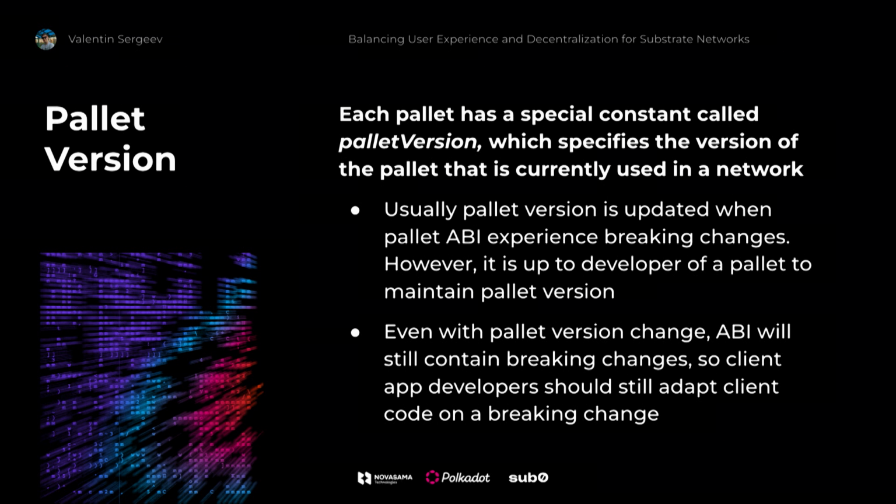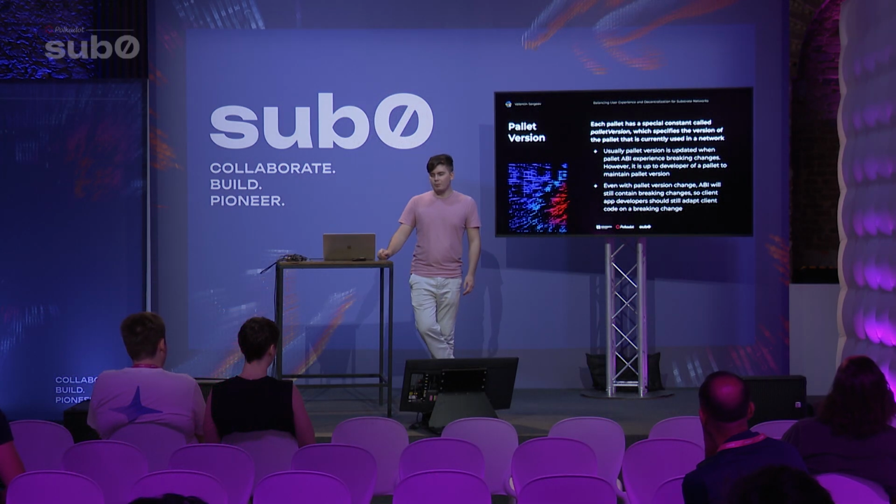And if you implement a breaking change in one of your pallets, it won't magically let older versions of your clients remain compatible. That's why you should think about forward compatibility when developing your applications. For example, if your client application relies on some storage which might potentially be changed in the future, you should gracefully handle decoding and fetching errors and not let your app be halted because of some issues related to potential breaking changes in the future.